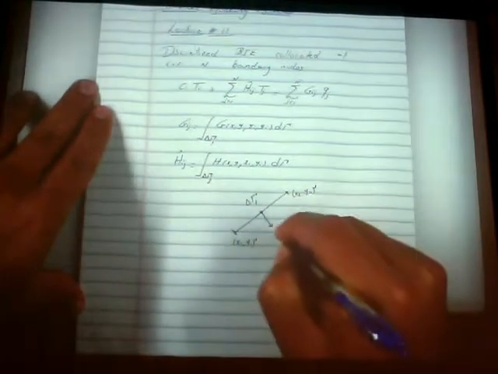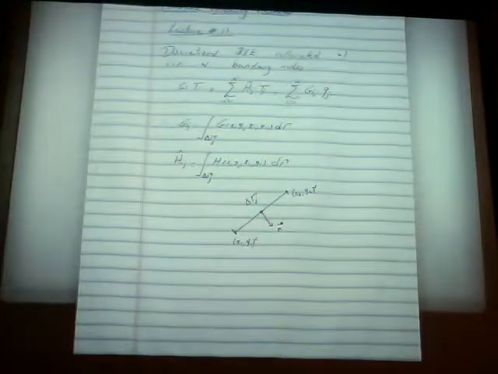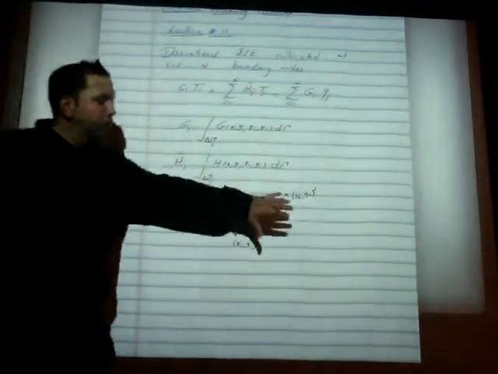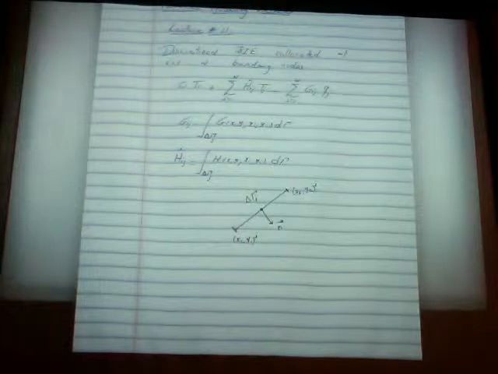And the normal vector in the outward direction, assuming that the inside of the domain is here and the outside of the domain is there, the normal vector points in that direction.